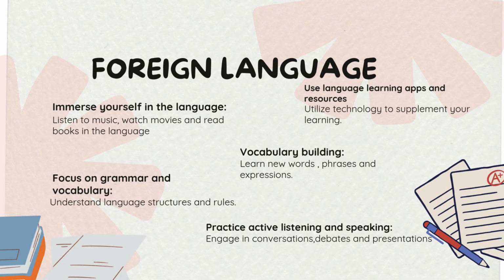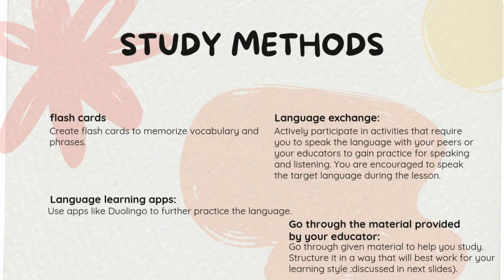Again, you understand the language structures and the rules of that language that you are learning. Practice active listening and speaking. The best way to acquire a language that you do not know is engaging in the conversations. Speaking helps a lot, and listening, it helps a lot, rather than writing the whole time.